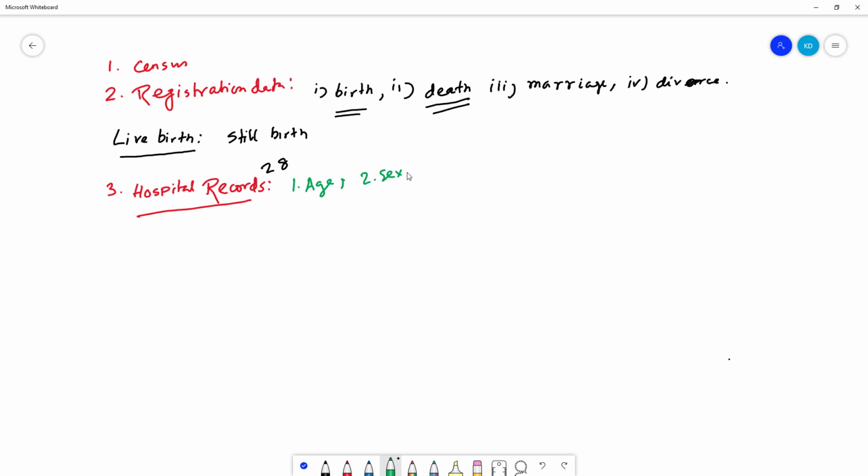So, information regarding cases of disease or group of diseases, and also the cases of birth and death that occur in a hospital or nursing home, can be obtained from these hospital records.